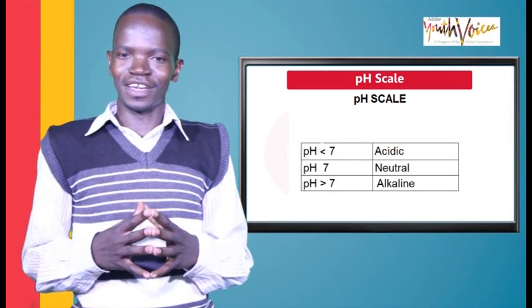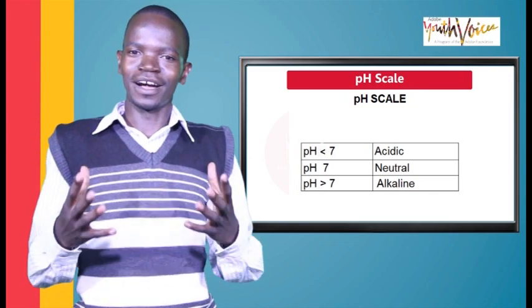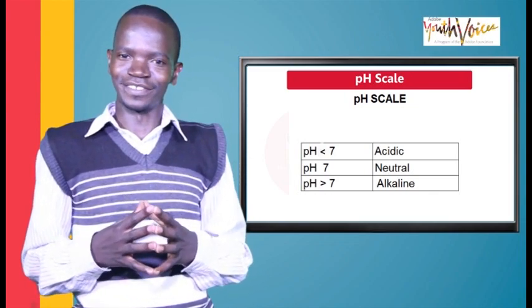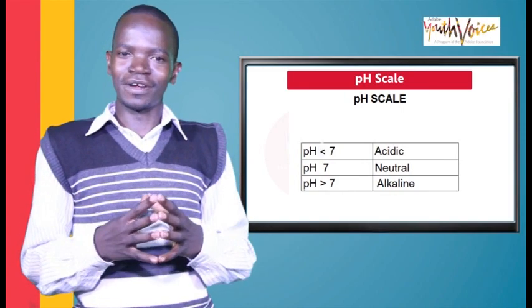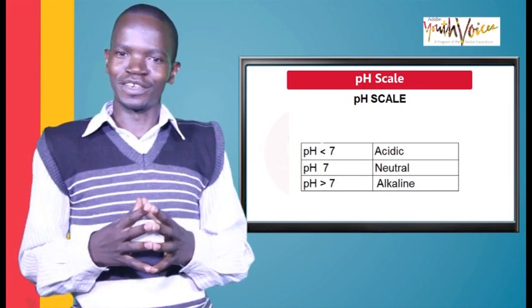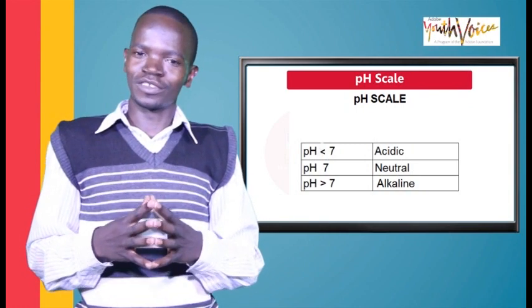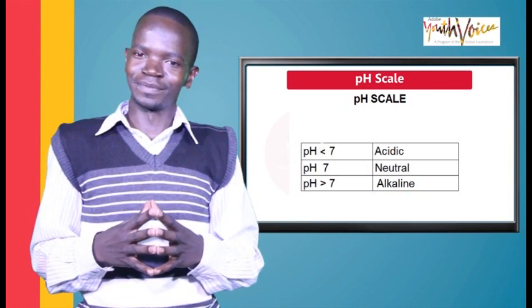pH is a measure of how acidic or alkaline a solution of a substance dissolved in water is. The pH scale runs from pH 0 to pH 14. Acidic solutions have pH values less than 7.